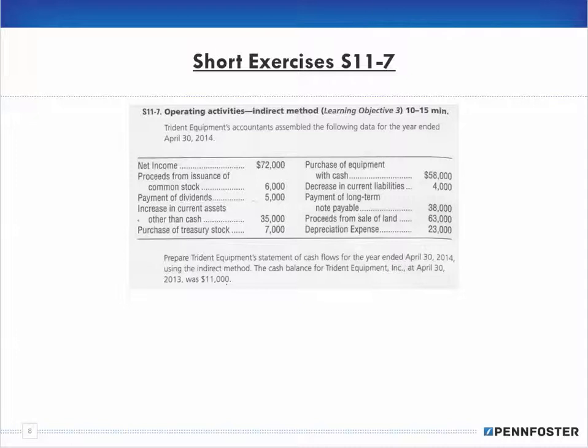In the previous exercise, when you looked at this data, you can see it says an increase in this, a decrease in that, a payment of this, a payment of that. And so you're saying, okay, how does this affect cash?